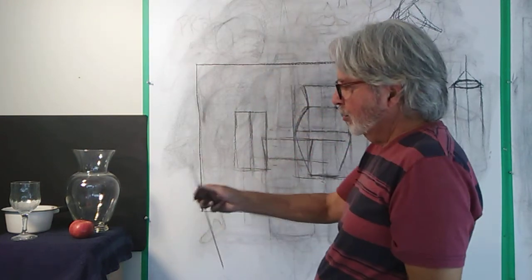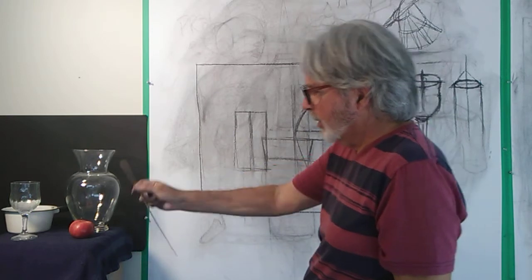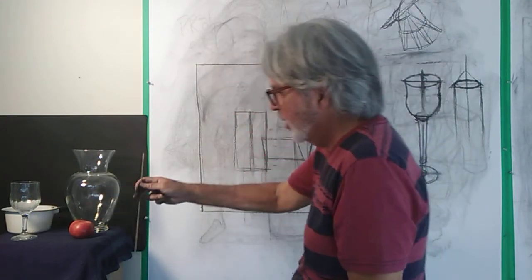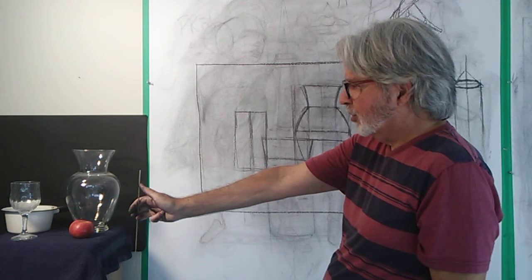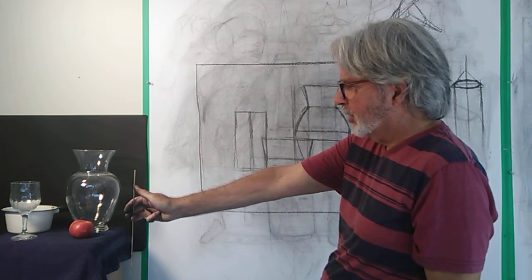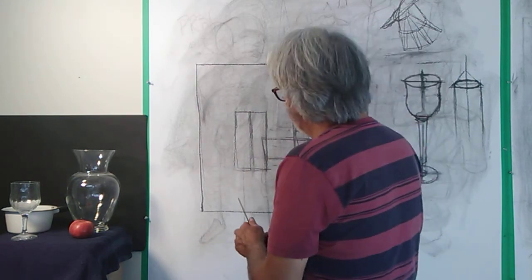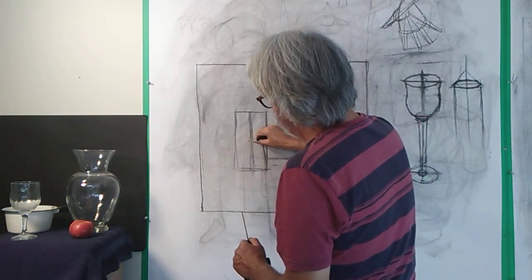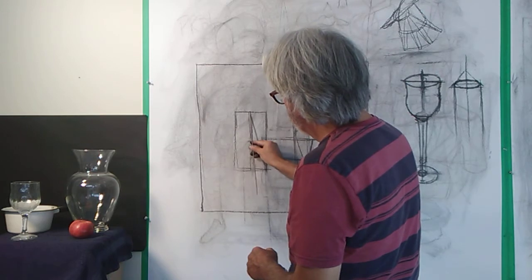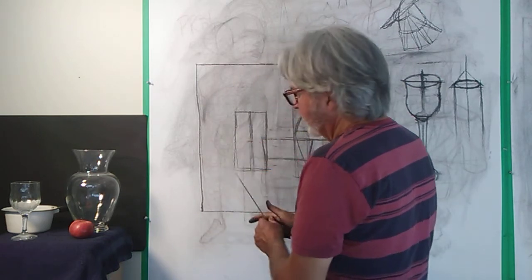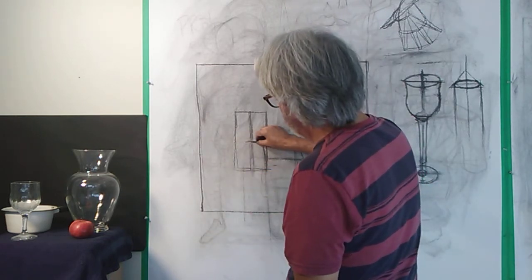Now what I can do is take from the bottom of the glass, but remember we're thinking middle. If I take from the bottom of the glass to the length of the stem and measure up, it's a little bigger on the top portion. So what I'm going to do is keep this a little bigger than that by about that much, and I'm going to say that's pretty accurate.